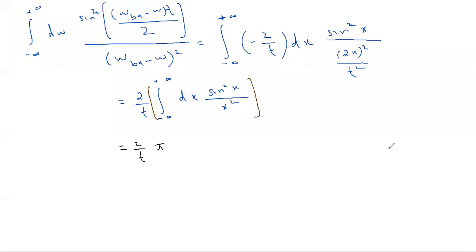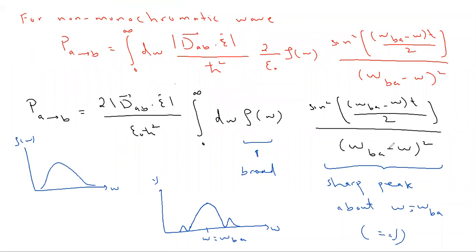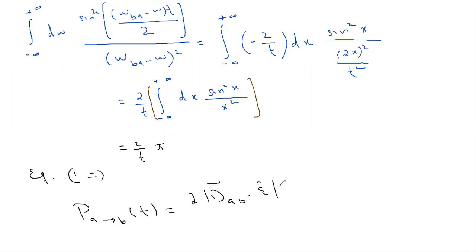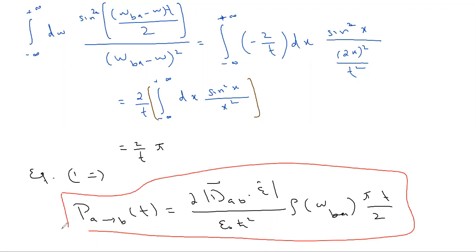So now equation number 1, that is our starting equation, will become P a to b as a function of t equals d ab over epsilon naught h bar square rho of omega ba pi t by 2. This is the solution to the integral that we have to calculate.